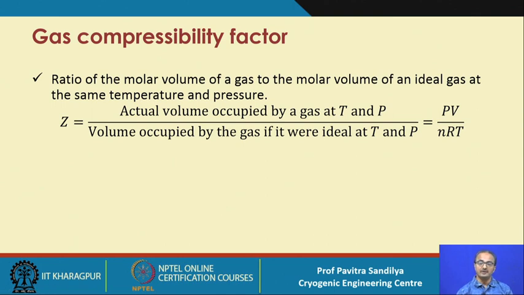Taking it in terms of the PVT, that is the pressure volume temperature relationship, it can be easily found that Z is PV by nRT. In this case, nRT by P is the ideal volume, whereas V is the actual volume. P is pressure, T is absolute temperature, and R is the universal gas constant.